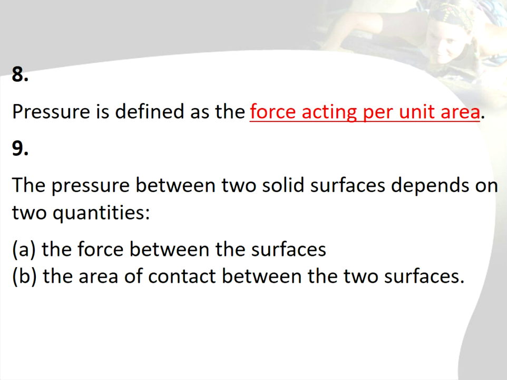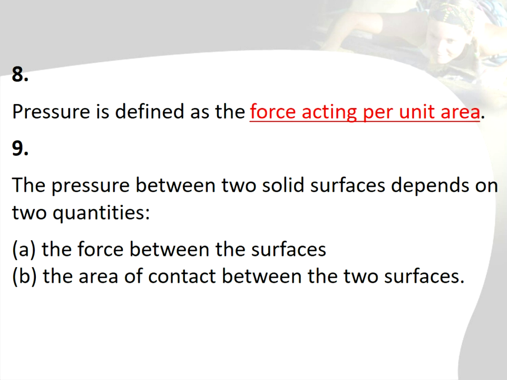Based on definition, definition is a string of words. It is a sentence. Most of the time in physics, your definitions are related to a formula. So if you don't know how to study smart, for pressure, you will memorize two things. You will memorize the definition of pressure, force acting per unit area.